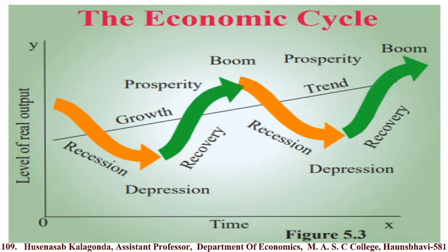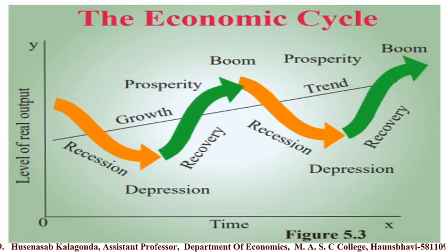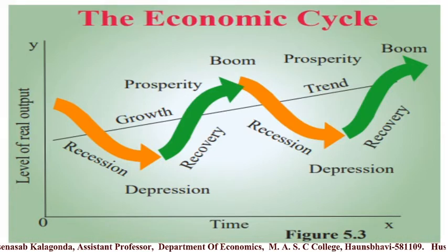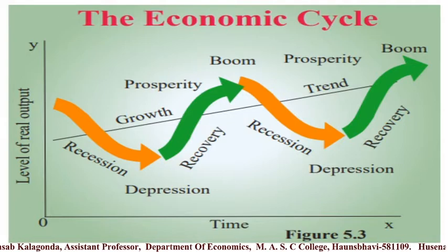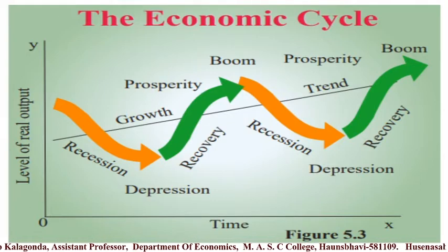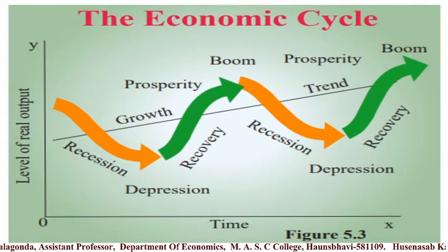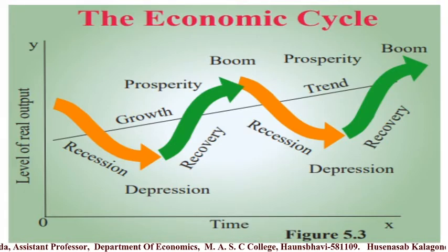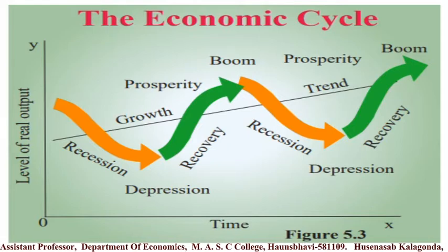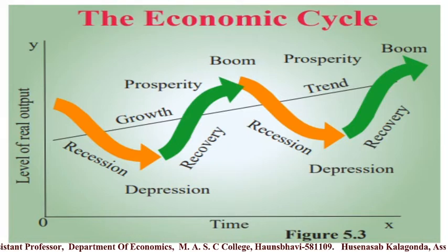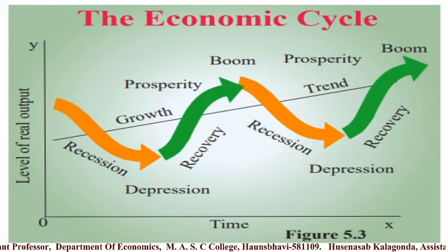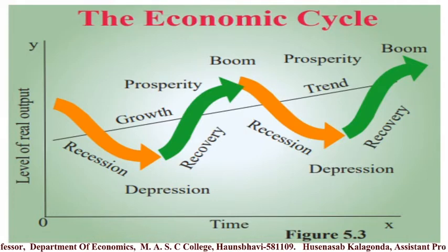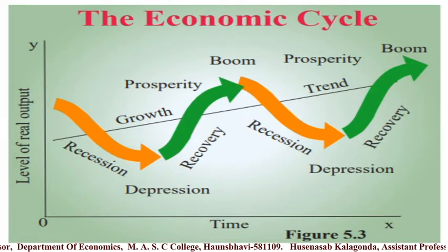Actually, the changes in facts are like waves, because sometimes some factors show a higher value and sometimes a lower value. These fluctuations in the economy can be explained with the help of trade cycles or business cycles. The business cycle or economic cycle is the downward and upward movement of gross domestic product around its long-term growth trend.